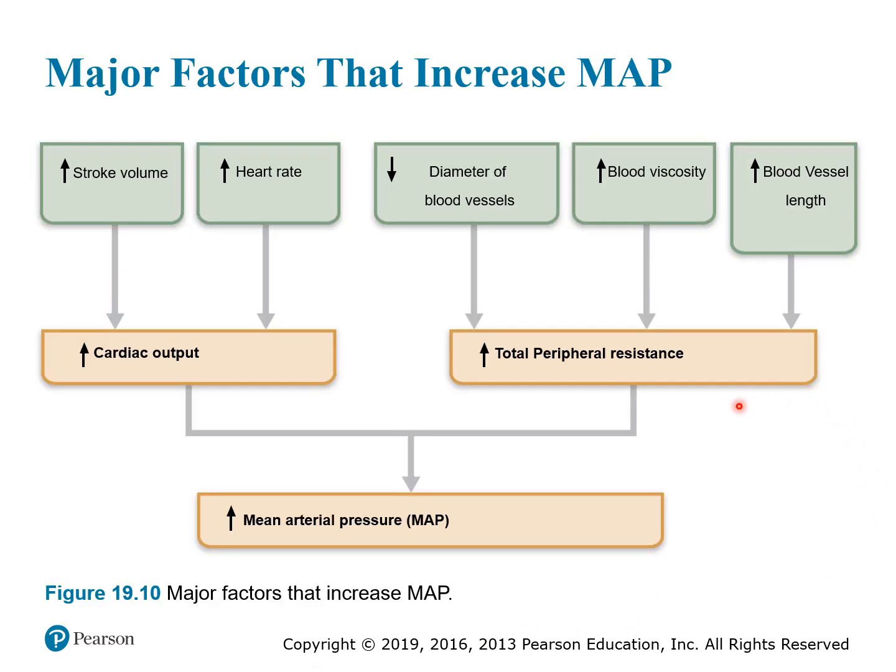Now let's go over the factors which increase the mean arterial pressure. Mean arterial pressure is our blood pressure, because we are taking the mean of the systolic and the diastolic pressure together.